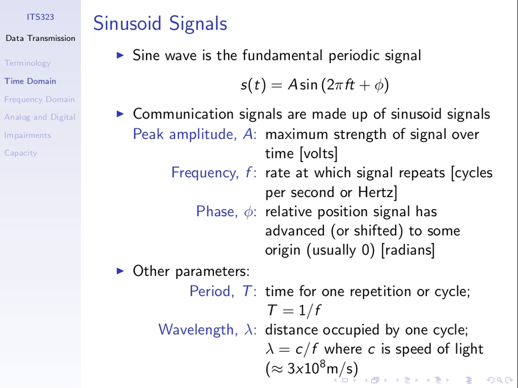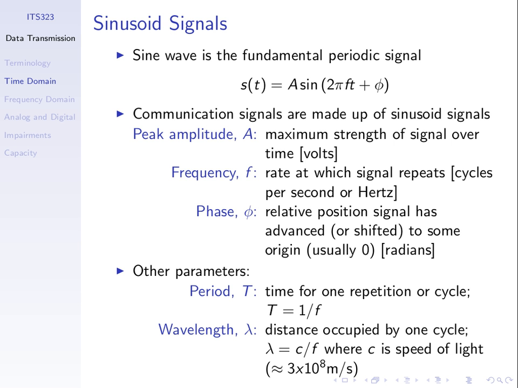The signal amplitude or the signal strength, S, as a function of time t equals the peak amplitude, A, multiplied by the sine function, 2 pi ft, where 2 and pi are constants, f is the frequency of the signal, t is the time, plus the phase, phi here. That's the general form of our sinusoid.